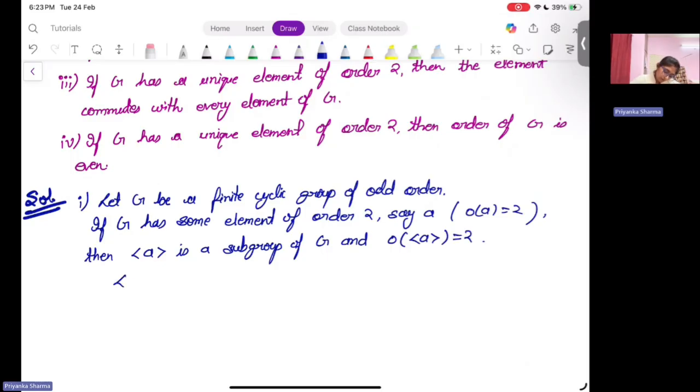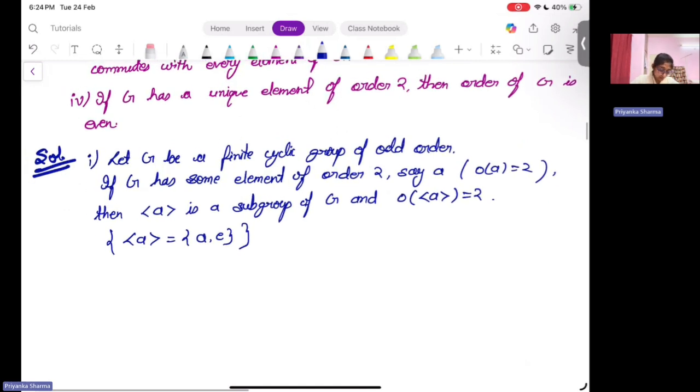Why? Because a will be there. Now we will consider its power. Whenever we take a square, that will be identity because the order is 2. So there will be no other element in the subgroup generated by a.